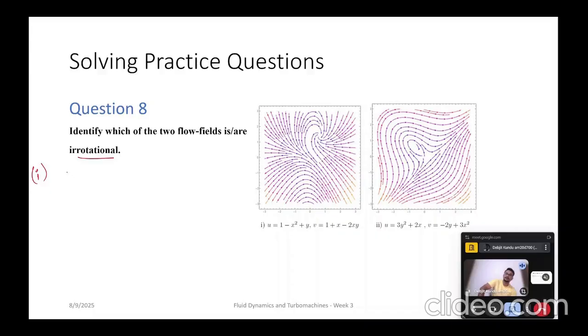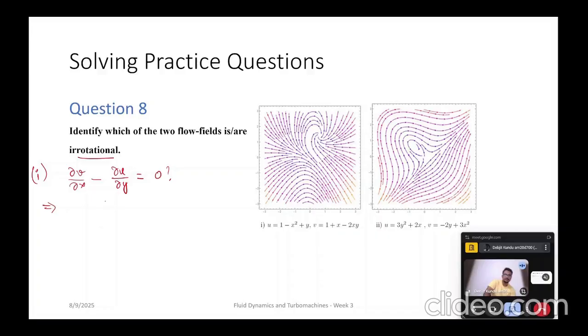The condition for irrotationality is that omega z is equal to 0, and omega z is equal to dou v dou x minus dou u dou y is equal to 0. So let's plug the values in.